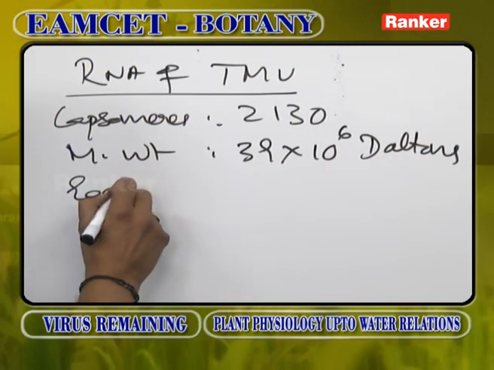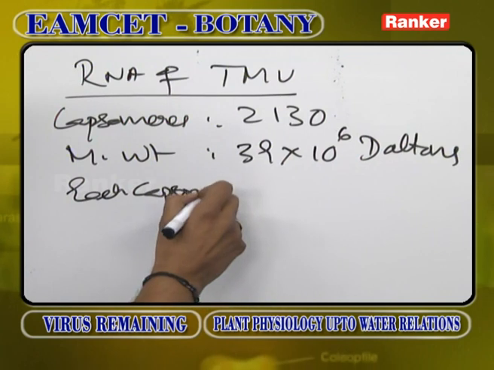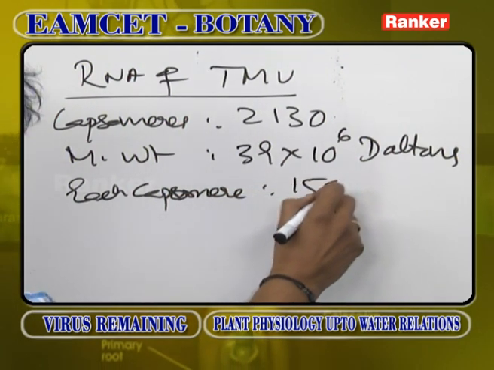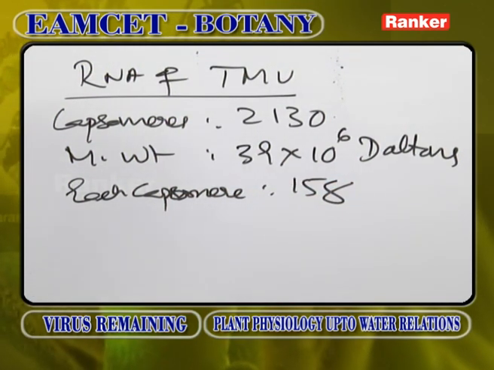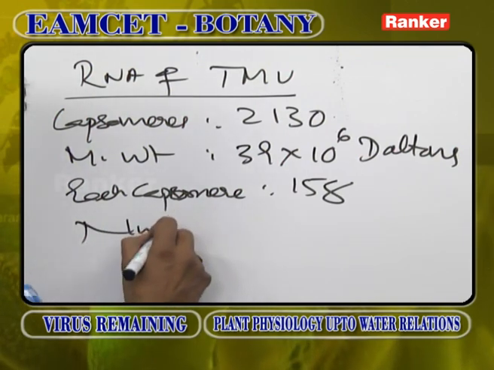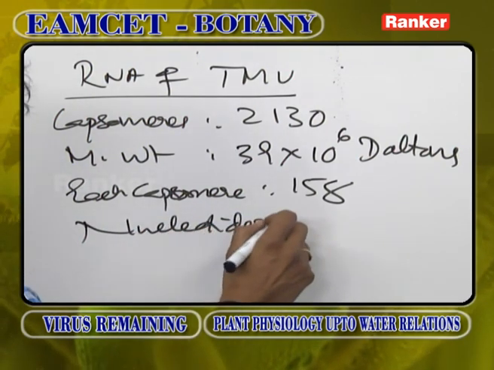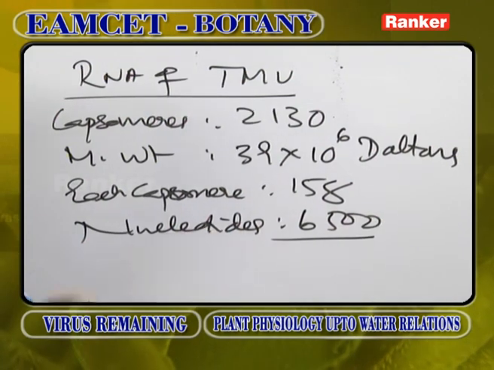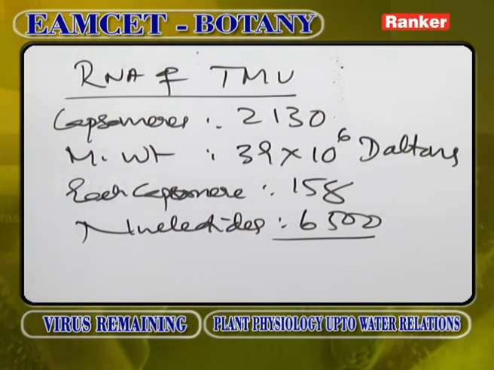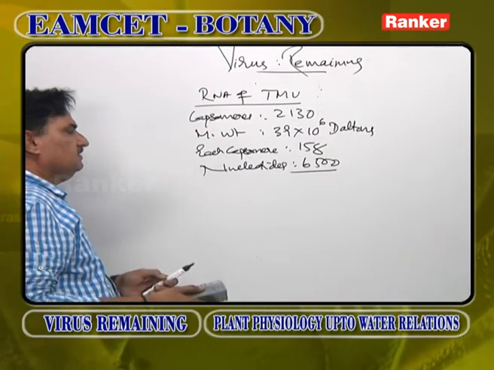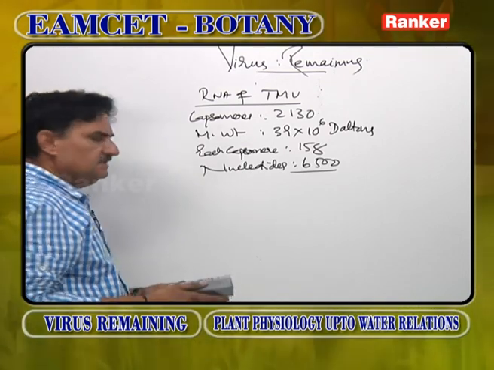Each capsomere contains 158 amino acids. Then the nucleotides in RNA will be 6500. Capsomeres are 2130. Molecular weight is 39 × 10 power 6 Daltons.